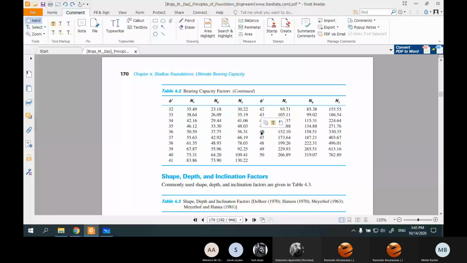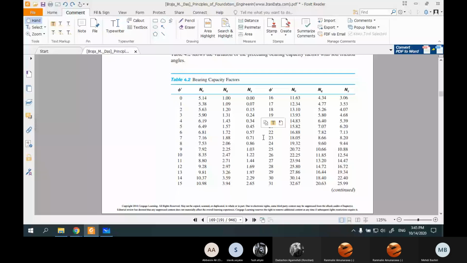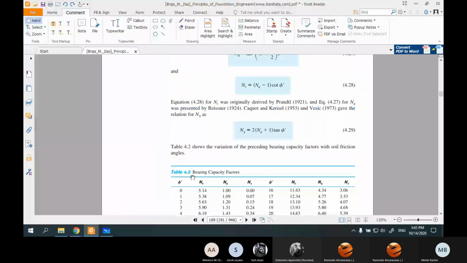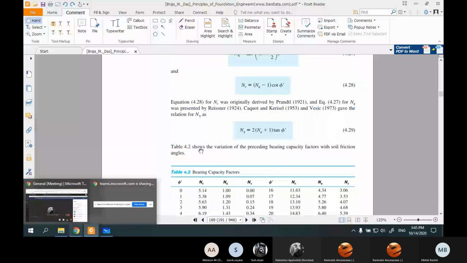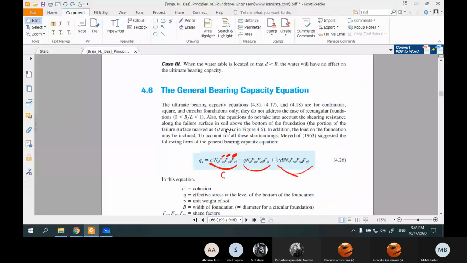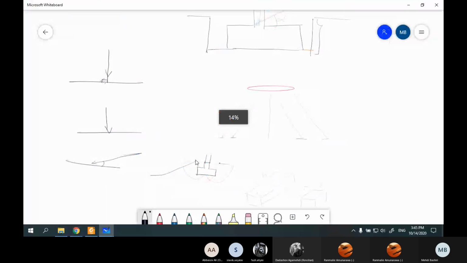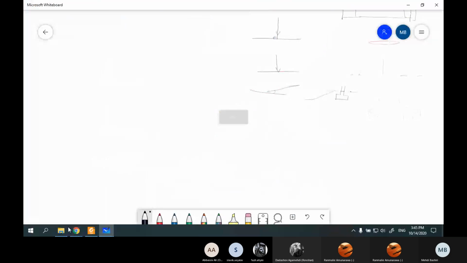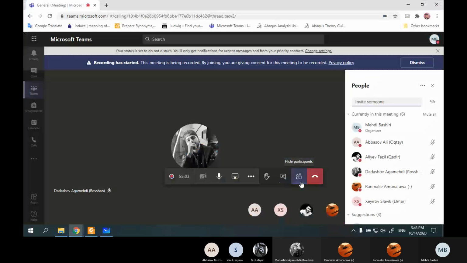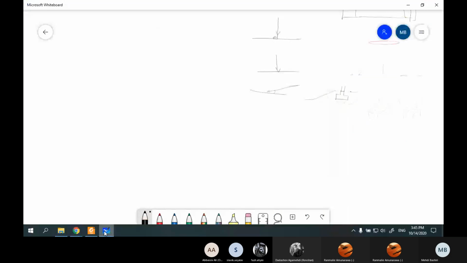One question: what's the difference between phi prime and phi, or c prime and c? Because in all these equations, we have c prime, not c. Do you remember that from soil engineering? Do you have any idea, Ranmali, what's the difference between c and c prime or phi and phi prime?